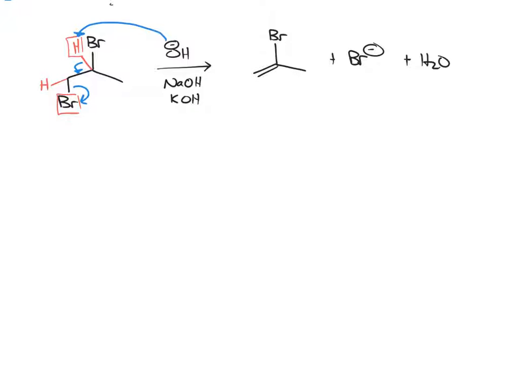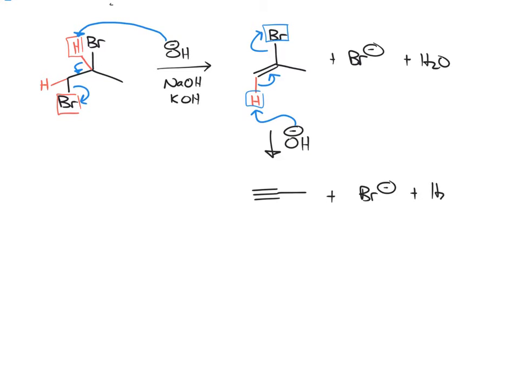Okay, now I'm going to go ahead and show this other hydrogen. Okay, this step's not quite as easy, which is why we typically heat this up. But now our base can come in and go after this hydrogen, which will eliminate this H and the neighboring Br. So we'll push those electrons down to form the triple bond and lose the other Br minus. So we get our alkyne, Br minus, and water.